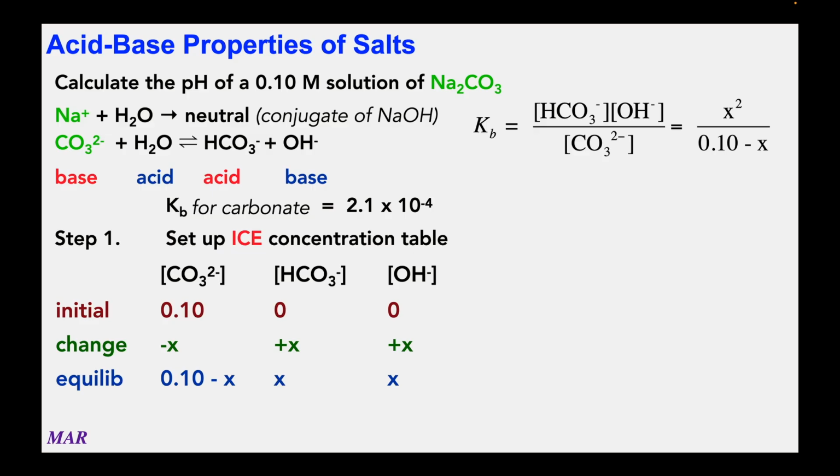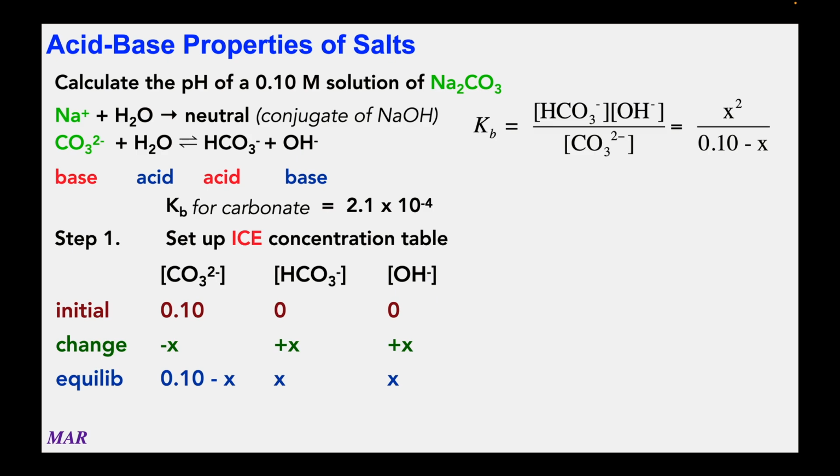Now we should check and see if 100 times Kb is less than the concentration of the base. And 100 times Kb is like basically taking the 10 to the minus 4 and adding 2 to the exponent. So 2.1 times 10 to the minus 4 times 100 would be 2.1 times 10 to the minus 2. And 2.1 times 10 to the minus 2 would be 0.021.